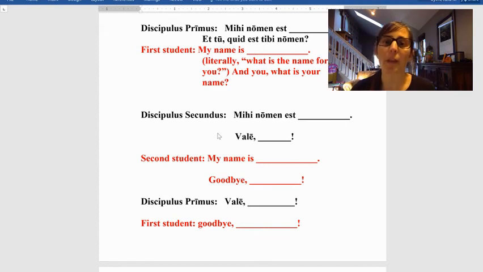Then you're done with your very simple conversation and you need to say goodbye to each other. So for hello, we said salve. For goodbye, you say vale. Okay? And you would fill in the blank with the name of the person that you've just met. Vale, blank, whatever the person's name is.